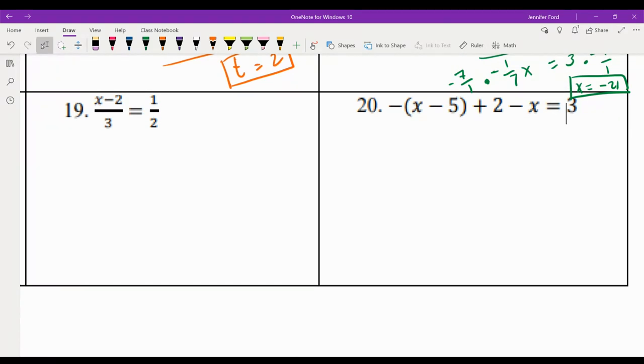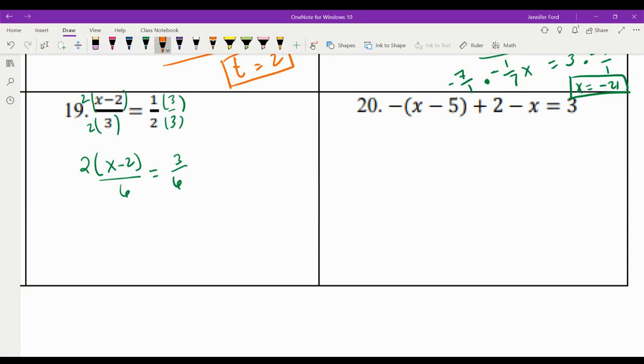I see 2 denominators. I'm going to make a common denominator. So I'm going to multiply the left hand by 2 over 2 and the right side by 3 over 3. Doesn't change the value on other sides because I'm just multiplying both sides by 1. But it does give me a common denominator, which will be helpful. So I got 2 times x minus 2 over 6 equals 3 over 6.